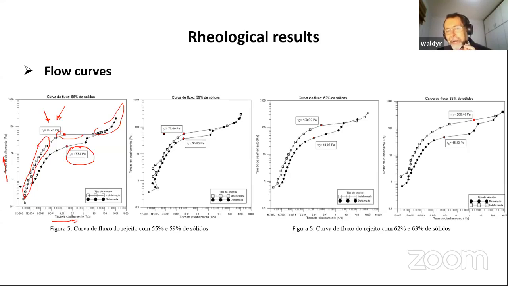This is not correct to discuss. This is going to work only when you discuss the material that is flowing. Then, of course, all this structure, all this fabric is going to be destroyed, and the rheological data will be the same in both cases.